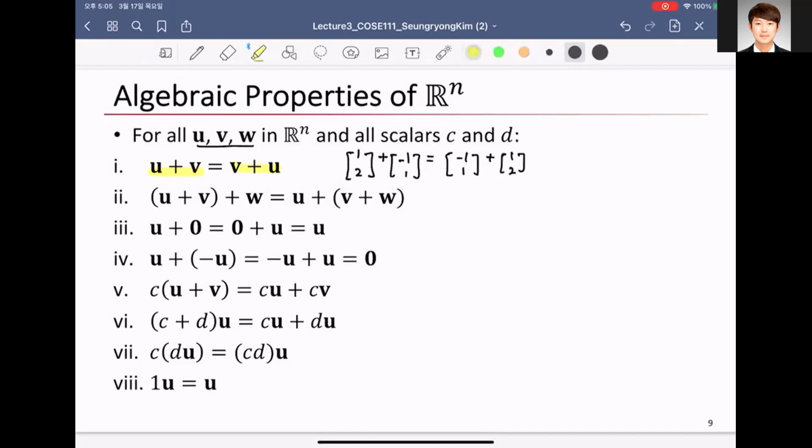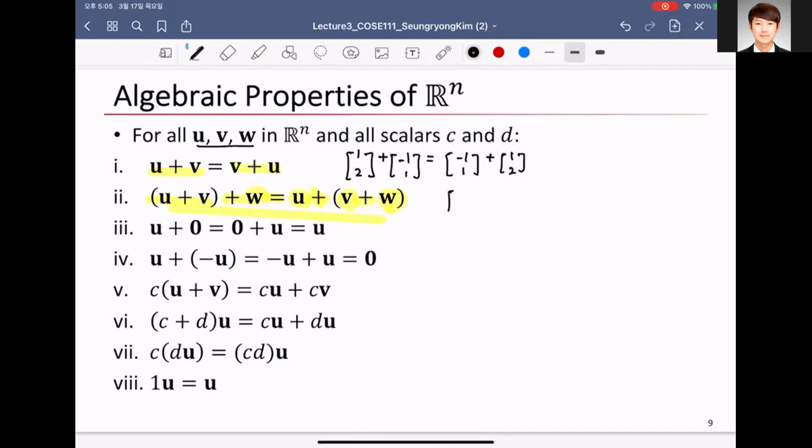And u plus v plus w is equal to u plus the quantity v plus w, right? This is called the associative law, as we did with scalars. You can easily prove this one.